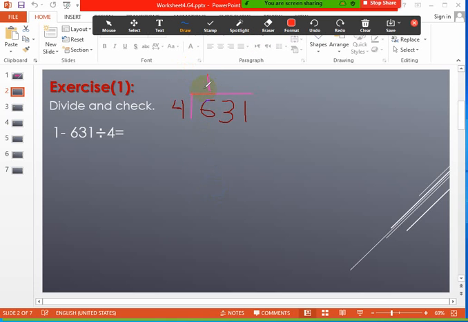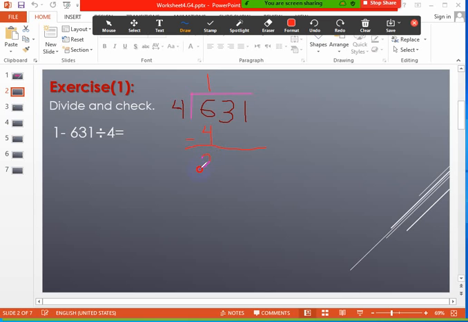After that, the next step, I have to multiply 1 by 4. 1 multiplied by 4 equals what? Equals 4. So I will put it here under the 6. Then I have to subtract the numbers. So I will subtract 6 minus 4. 6 minus 4 equals 2.